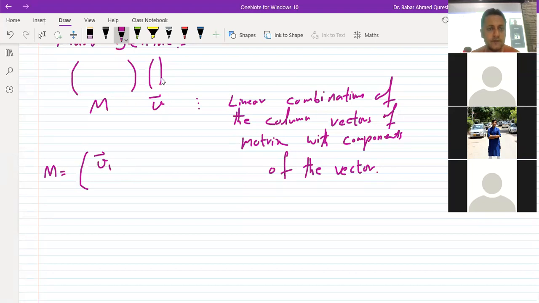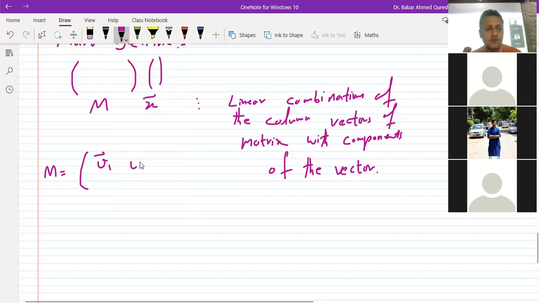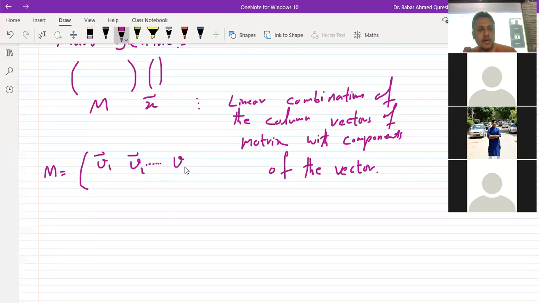I'm using V over there, so it was better to call this X. If the matrix has m rows and n columns, I'm going to have n column vectors arranged in it. So if you put n column vectors side by side, that gives you a matrix.